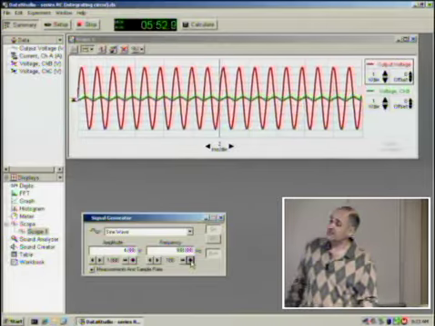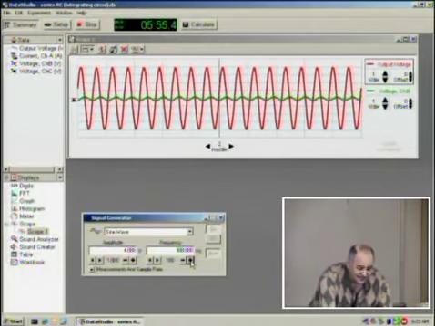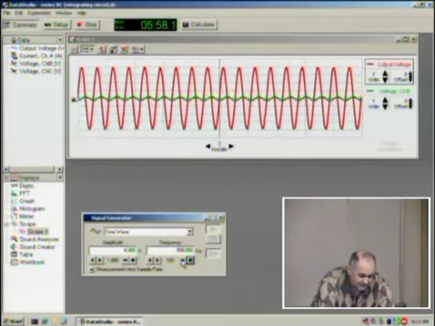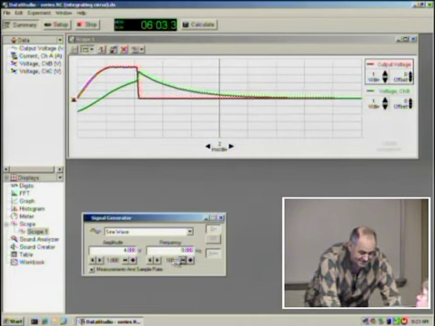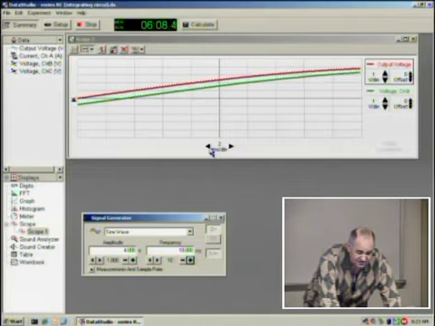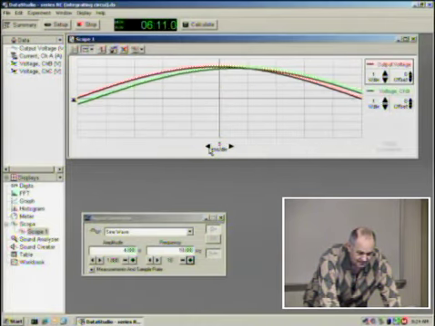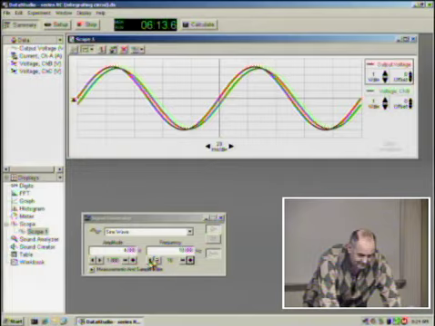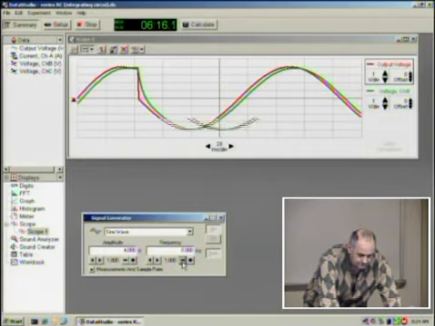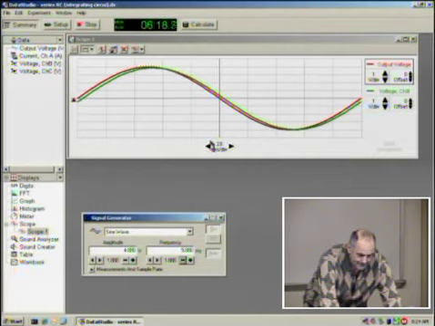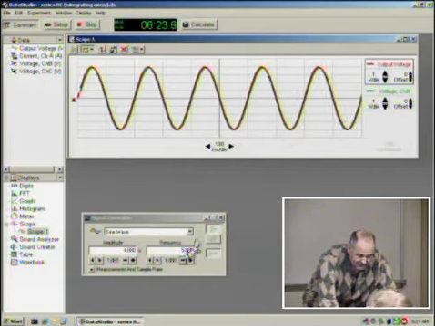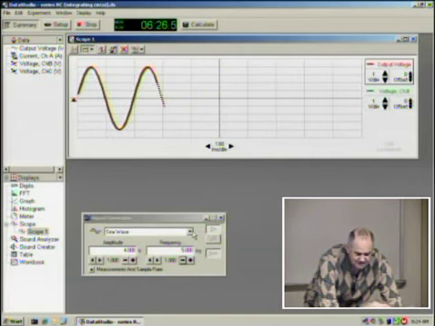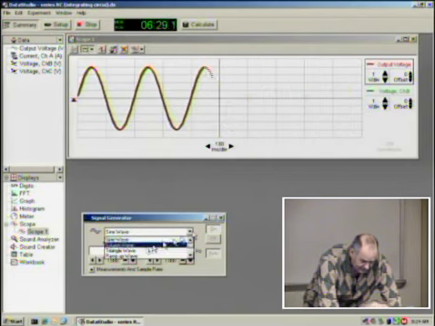Why don't we actually take a look at what are the consequences? So let's say that I will go to lower frequency, something like 10 hertz, and have a different shape of a function. All right, so now instead of sine wave, I'll put square wave.